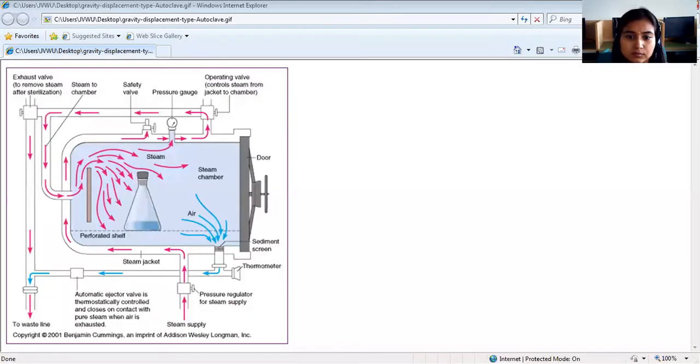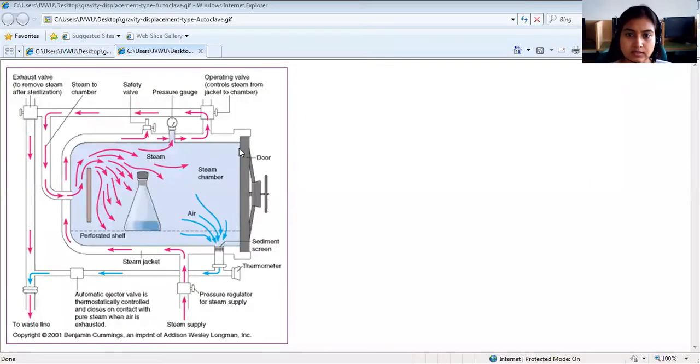Okay. So, this is a diagram of air removal.